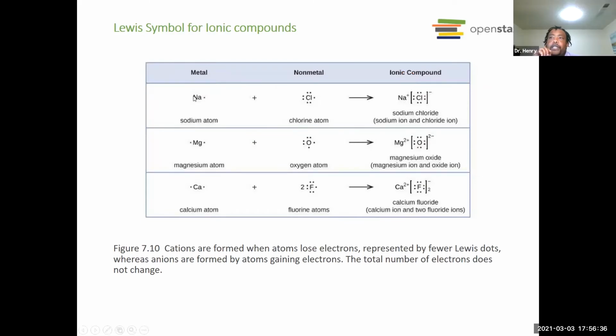Okay, so if we put these 2 components together, we can also show an ionic compound forming by Lewis dot structure. So in this case, sodium is going to be losing an electron, and chlorine is going to be gaining that electron that it lost. So then we would just put this guy in brackets, and also the sodium should be in brackets with the plus charge on the outside.